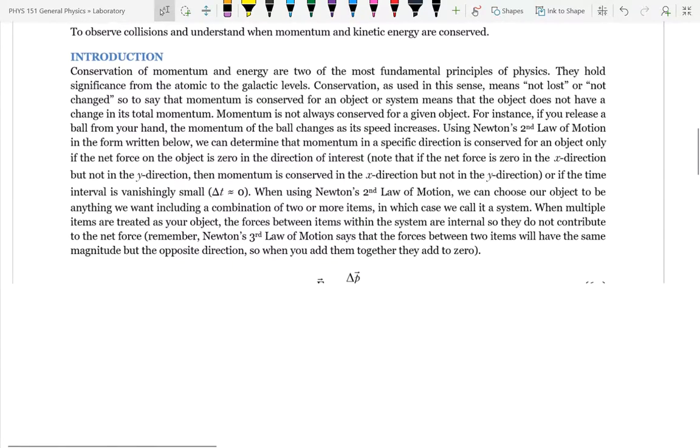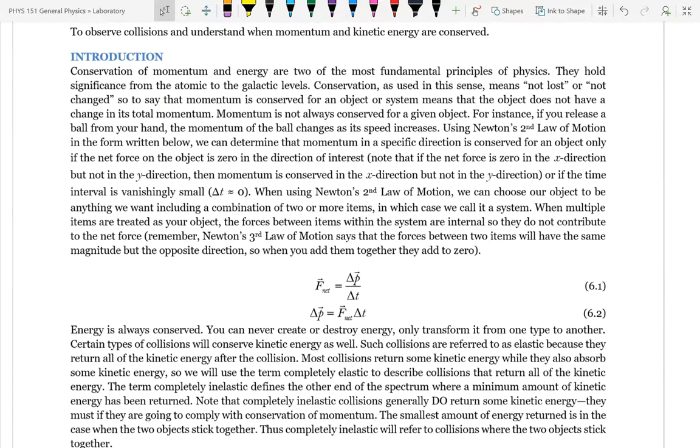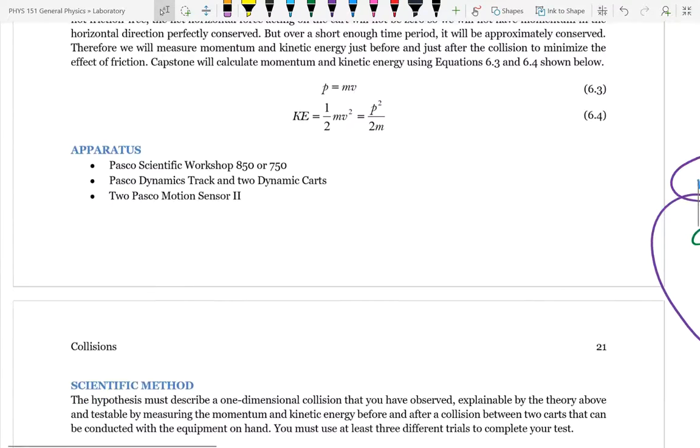Okay, for today's experiment, you're going to be exploring collisions. One thing you really need to know is that kinetic energy, 1/2 mv squared, can be written in terms of momentum. I was working one of the homework problems with a few students, and you had to use the relationship between kinetic energy and momentum.